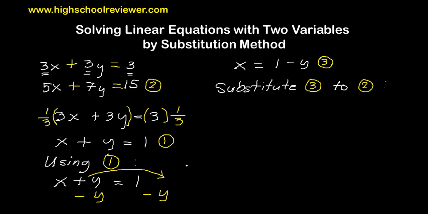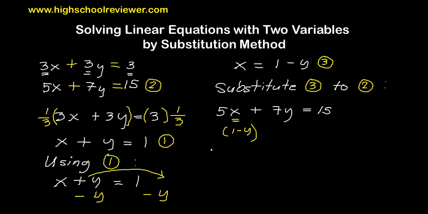And then using the substitution method, we are now going to substitute equation 3 into equation 2. Our equation 2 is 5x plus 7y, and this is equal to 15. Our x here will now be 1 minus y.